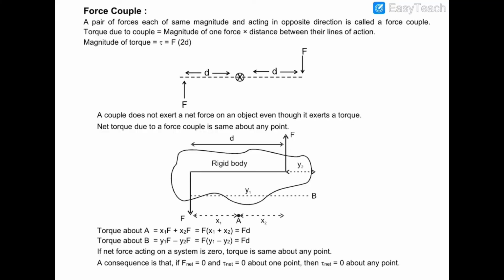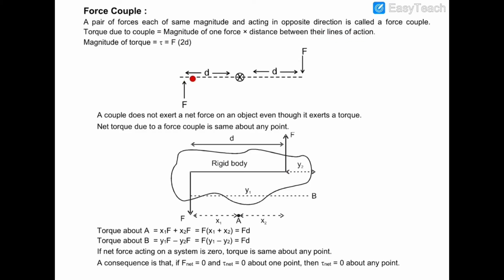In this video, we are going to study force couple. So let me first of all define a force couple. A force couple is a pair of forces, each of the same magnitude, and each force acting in opposite directions. That system of forces is known as a force couple. Now, the torque due to that force couple is the magnitude of any one force multiplied by the distance between the two forces, or we can say the distance between their lines of action.